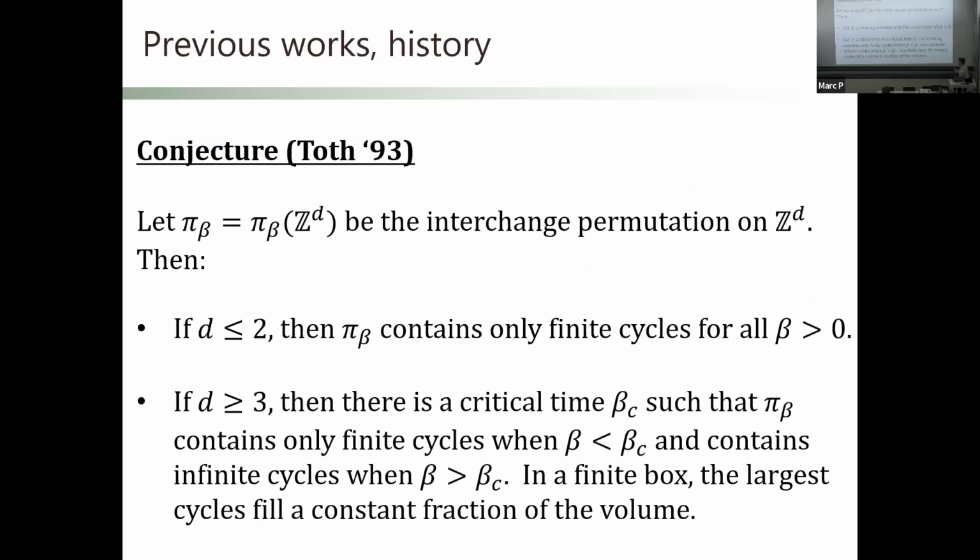So it's natural with that connection. Okay, so in dimensions 1 and 2, the conjecture is that for all values of beta, you only ever see finite cycles. But in d greater than or equal to 3, there's a phase transition at some critical value beta_c. For beta less than beta_c, you still only see finite cycles, but for beta greater than beta_c, you start getting infinite cycles almost surely.